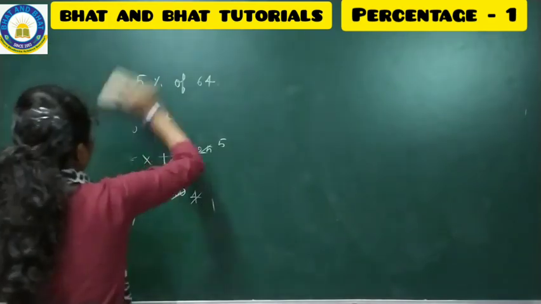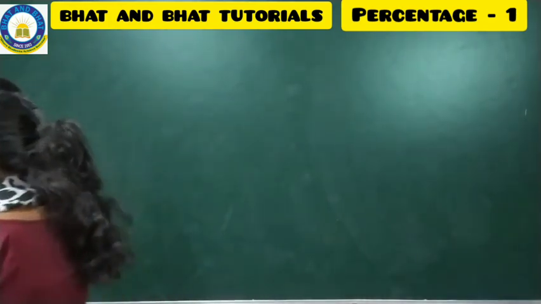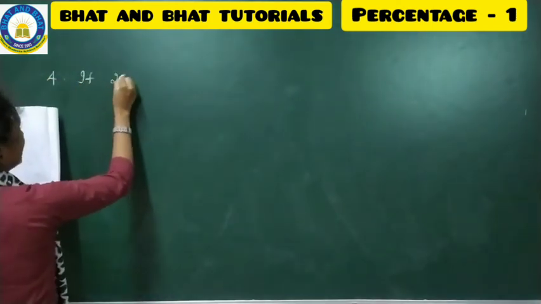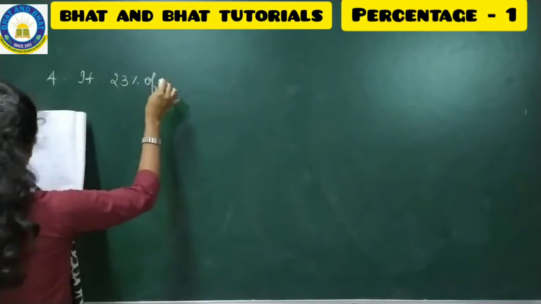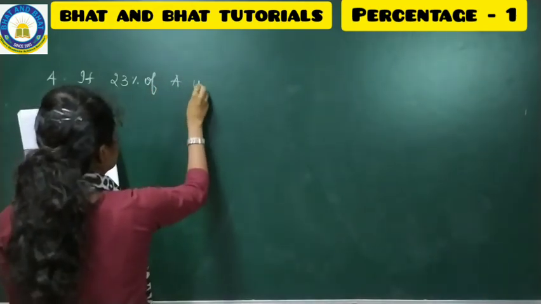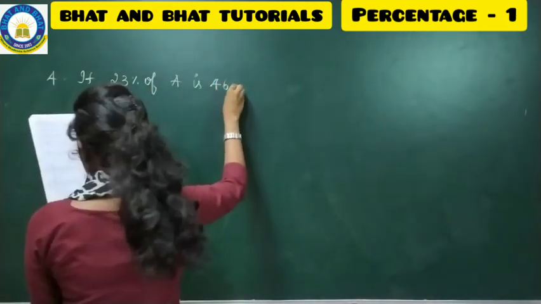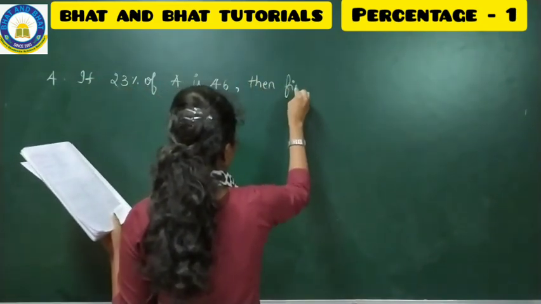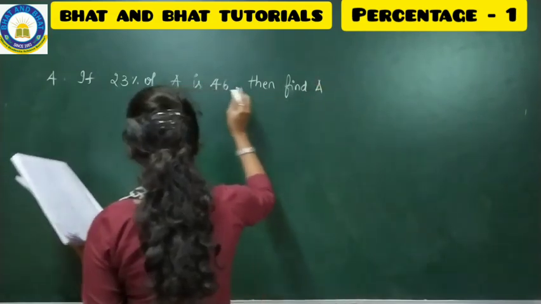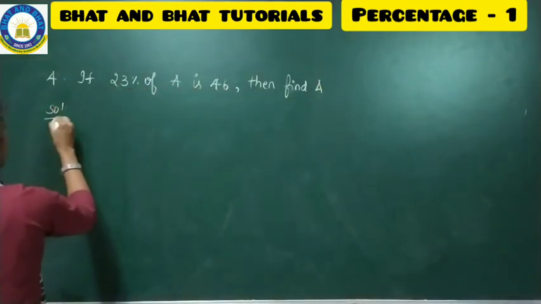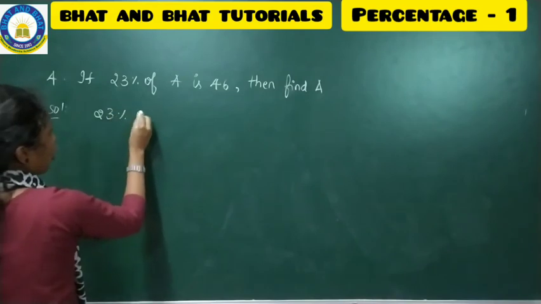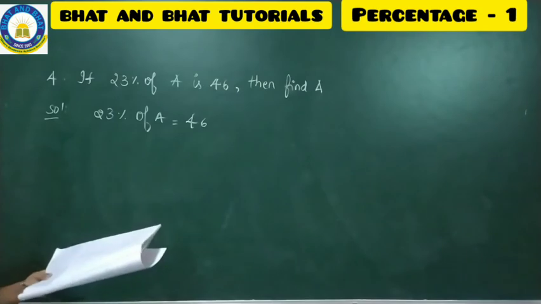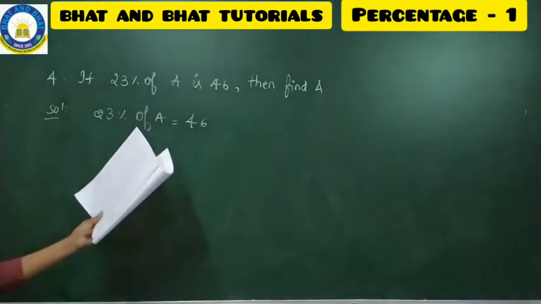Let me go with the fourth problem now. Have a look into the fourth problem. They are telling, if 23% of A is 46, then find A. So what they are telling, 23% of A is equal to 46, what is the value of A?